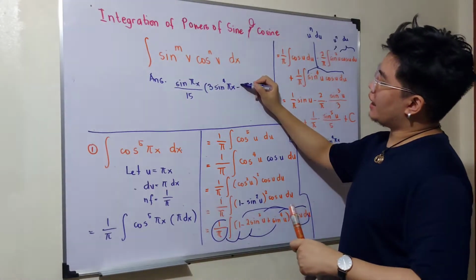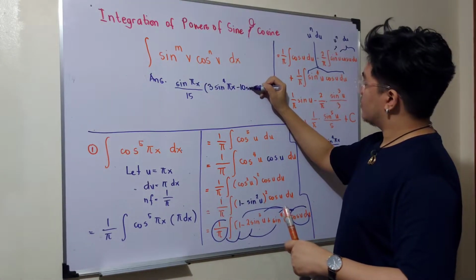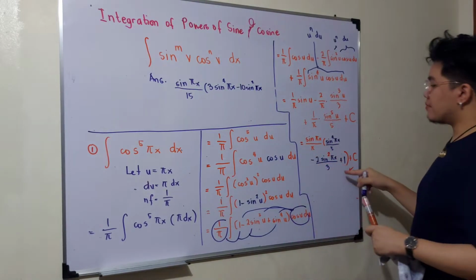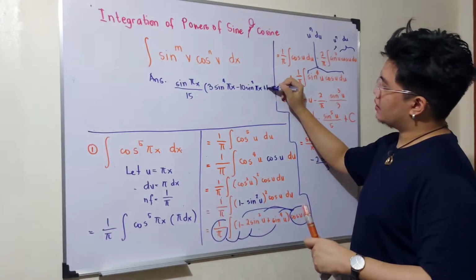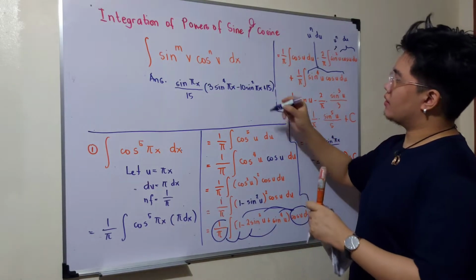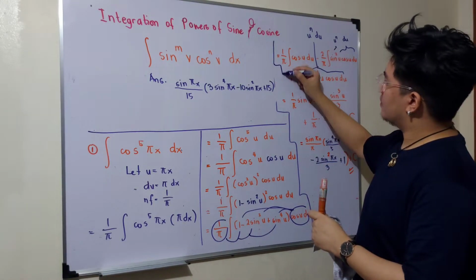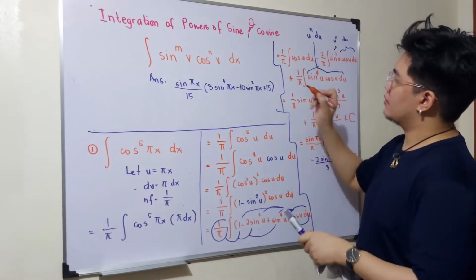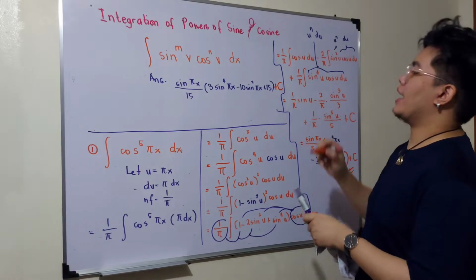So, minus 10 sine squared pi x and then plus 15. Ayan.